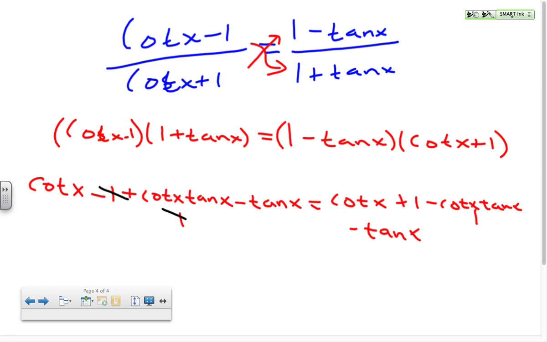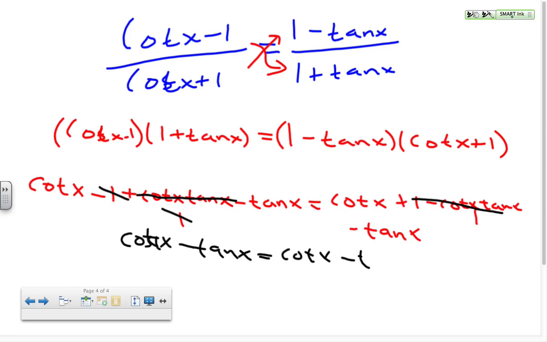So minus 1 and a positive 1 is the same thing. So this is going away. So I'm left here with the cotangent of x minus the tangent of x. Okay. Now, here, those have canceled out. And I'm left with the cotangent of x minus the tangent of x. Alright, you notice they're the same thing. We can call it proved that they are the same.